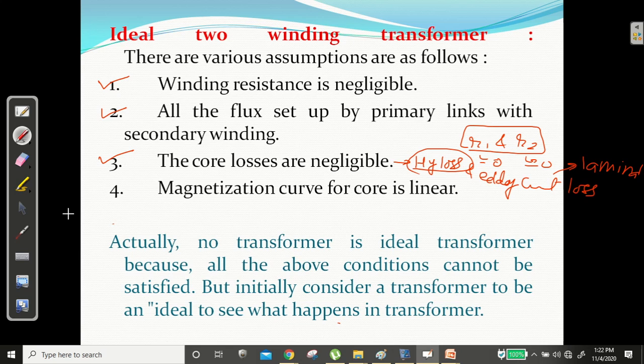And what is the fourth condition we have? The fourth condition for an ideal transformer: the magnetization curve for the core is linear. Magnetization curve means what? What is a magnetization curve? It is the BH curve. How does it look? I'm going to draw it.